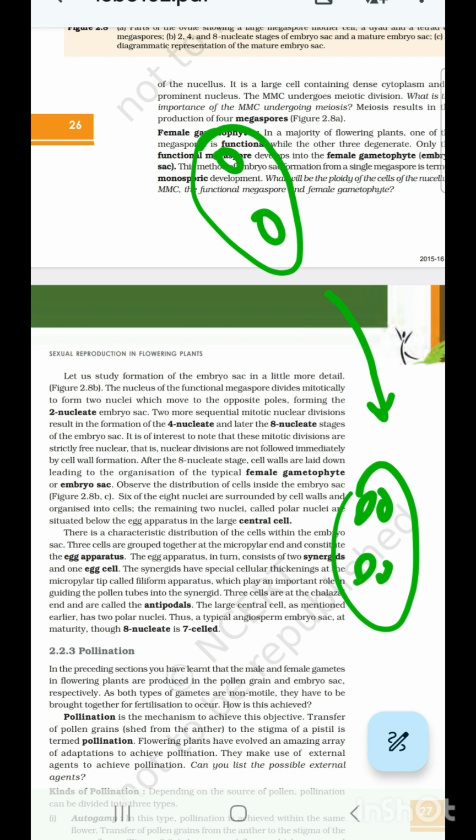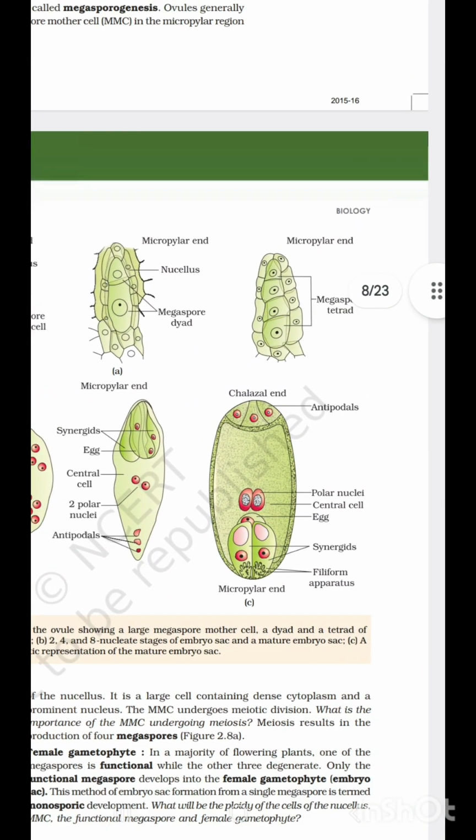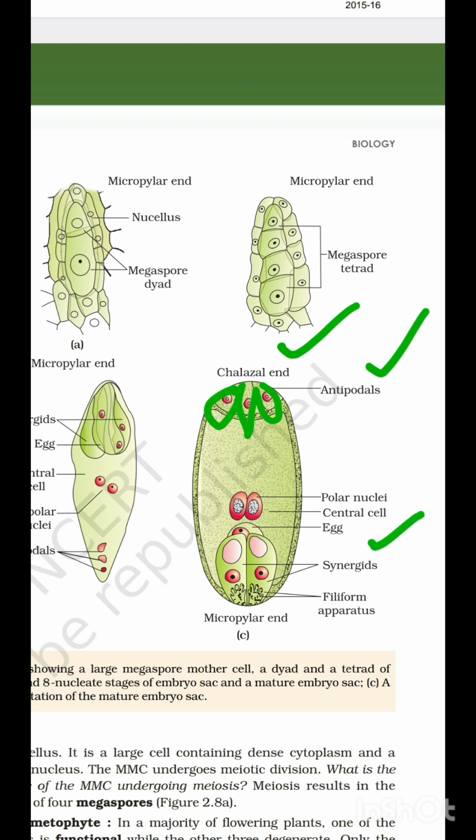Observe the distribution of cells inside the embryo sac in figure 2.8. So it is the fully organized female gametophyte or mature embryo sac, where the eight nuclei are arranged. In the chalazal end, three cells are present, known as antipodal cells or antipodals. In the micropylar end, two synergids with an egg cell are present.